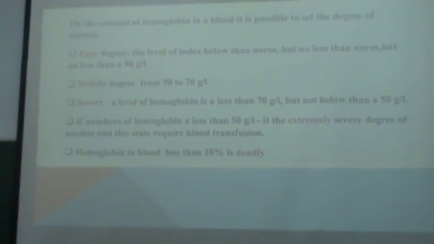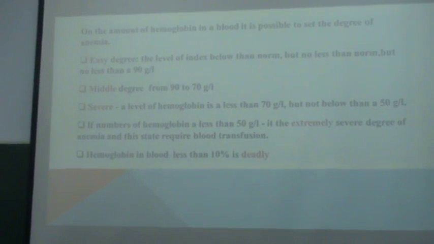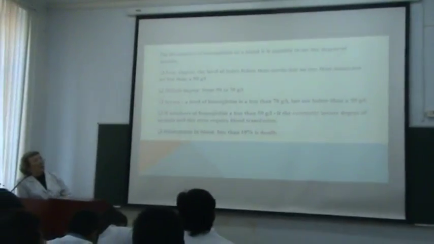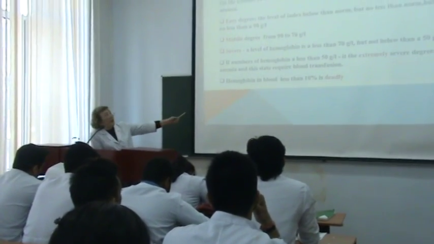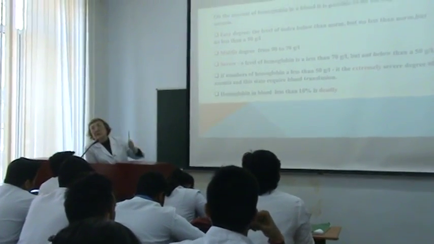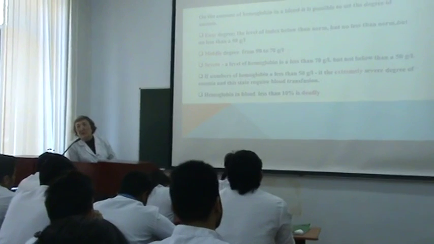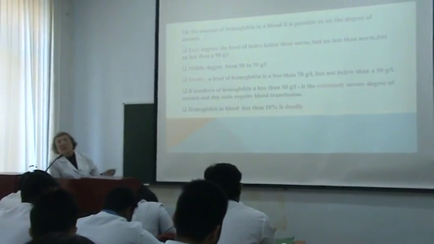If we have less than 50 grams per liter, this is an extremely severe degree. And hemoglobin of less than 10% is impossible because it's deadly.